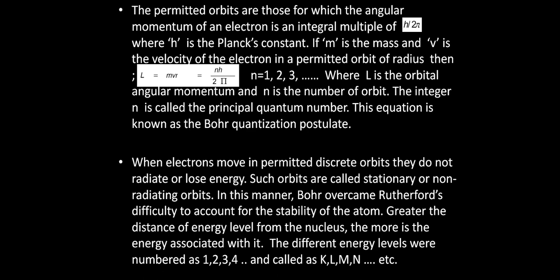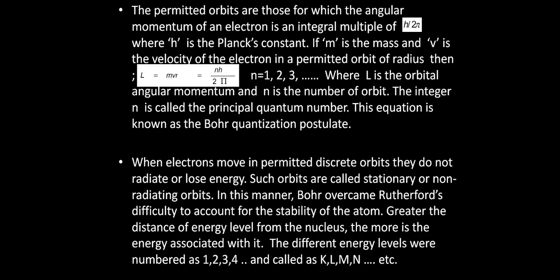It was found that as you go higher in the orbits, the energy associated with the electron will also increase. The different energy levels were numbered as 1, 2, 3, 4. So as you go from the innermost to the outer orbit, it will be numbered as 1, 2, 3, 4 and reaches till infinity, and also designated as K, L, M, N, and goes on.